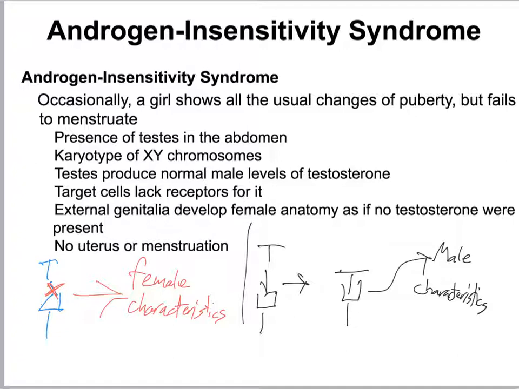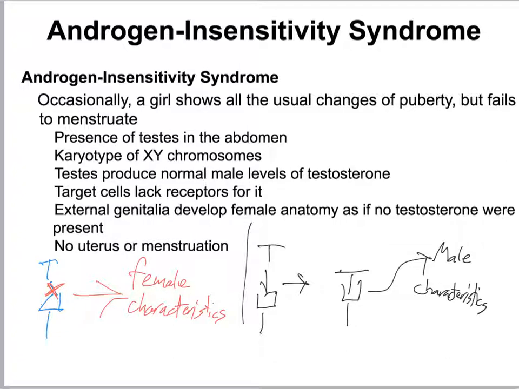Now, without ovaries and without a uterus, you don't menstruate. And in fact, without ovaries, you can't make the estrogen and progesterone necessary for normal female development at puberty.